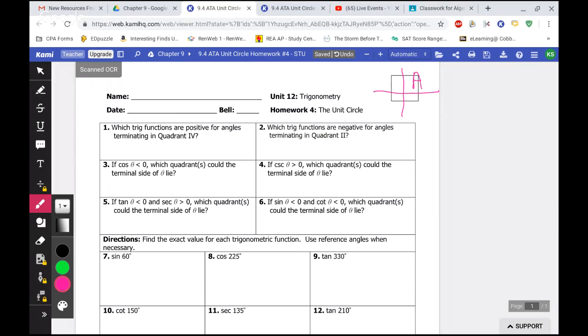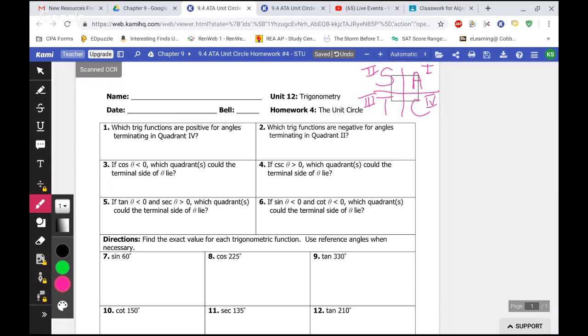Only all students, only sine is positive in quadrant 2. Only tangent is positive in quadrant 3. And only cosine is positive in quadrant 4. So all students take calculus.